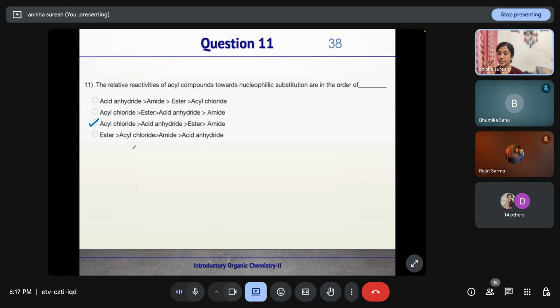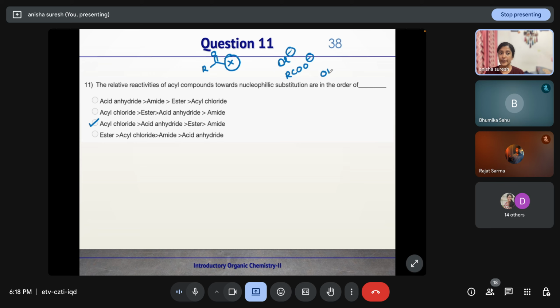So here, based on the leaving group ability of the leaving groups, that is X, if we are considering R C double bond O X, based on the leaving group ability of this X, we tell the reactivity order of these compounds. If the anion X minus that will be formed is more stabilized, then that reaction will occur at a faster rate. If we consider acid chloride, it will be removed as Cl minus. In case of acid anhydride it will be RCOO minus.